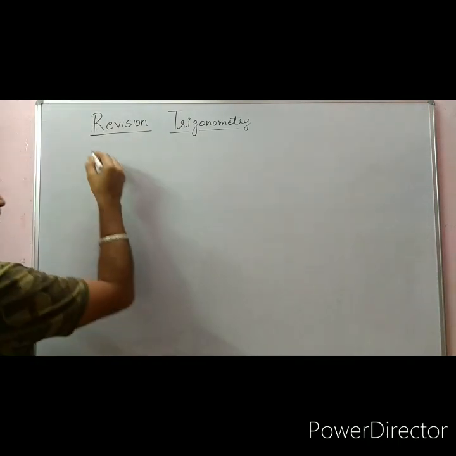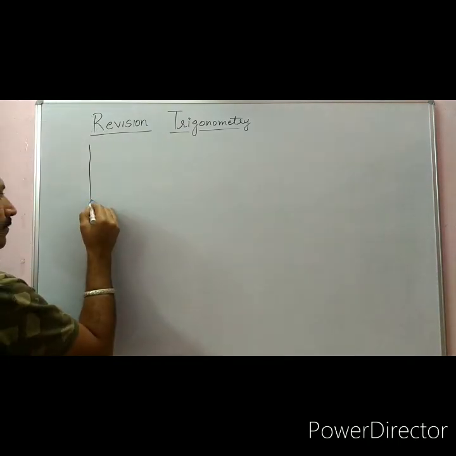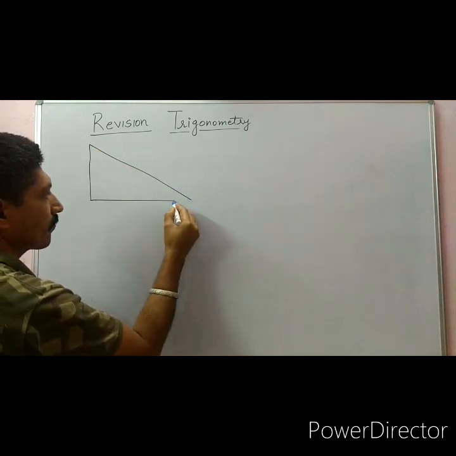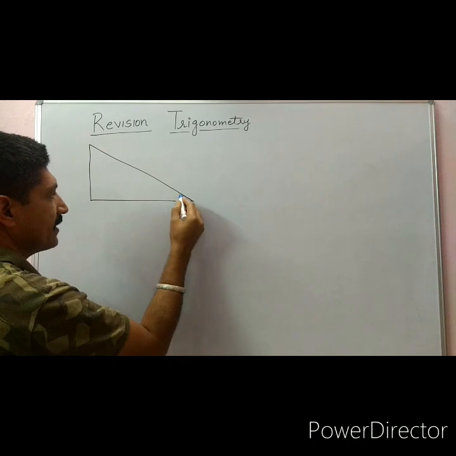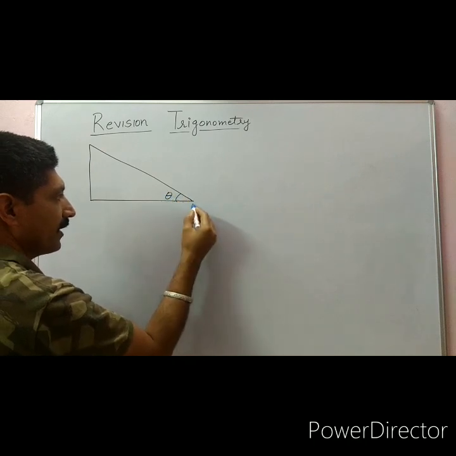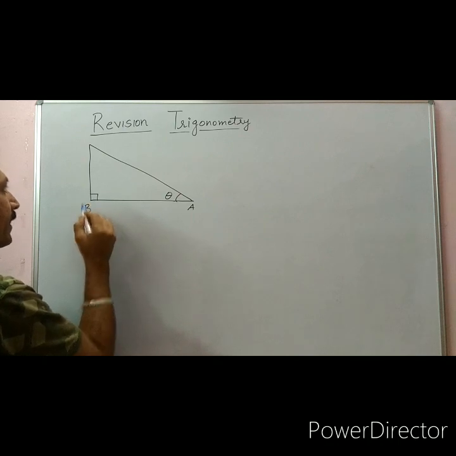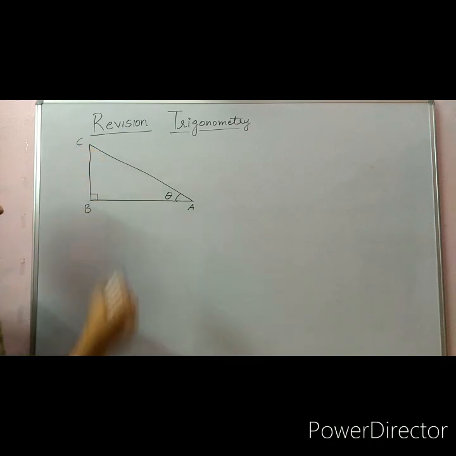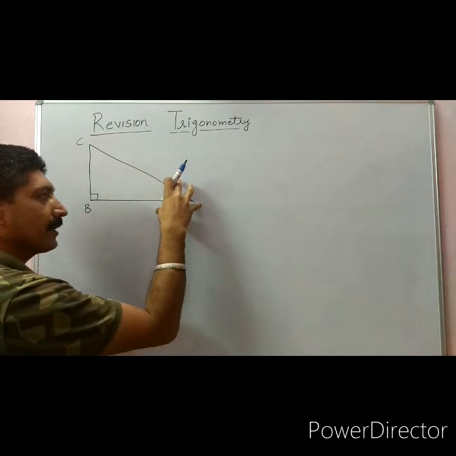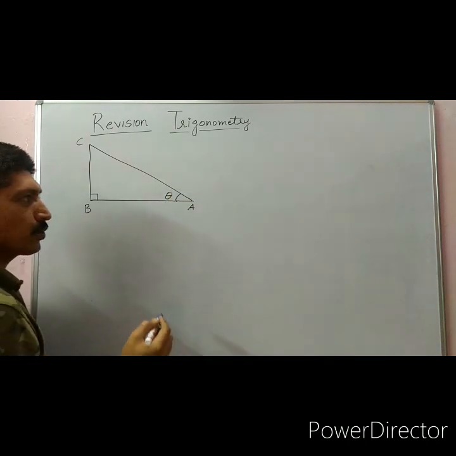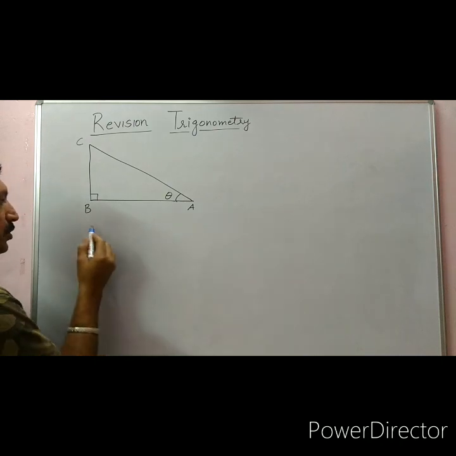If we have a triangle ABC, now this angle is theta, or A, right angled at B here, and the third point is C. So in this right angle triangle ABC, we are talking about angle A, then the 6 trigonometric ratios.